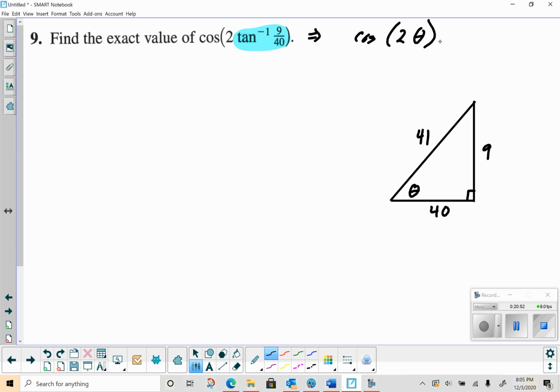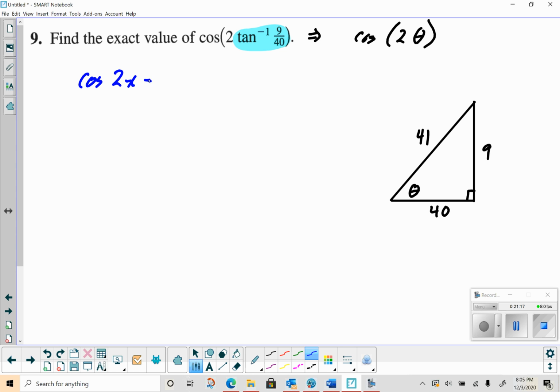cosine 2 theta, well, we have several different options there for our cosine function for double angles. One option that we have, well, I don't know.